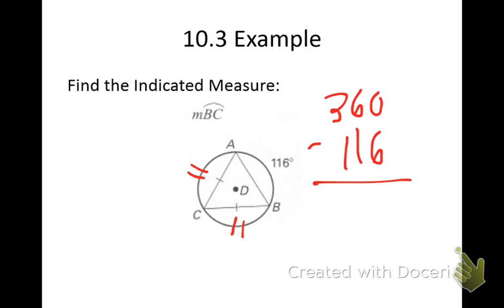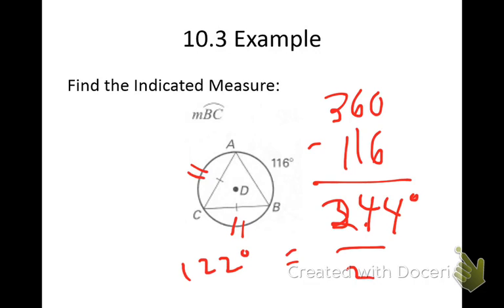So you've got 244 left, right? And then you're going to divide that by 2, and you get 122 for each of these arcs, right? Any questions? No questions. Okay.